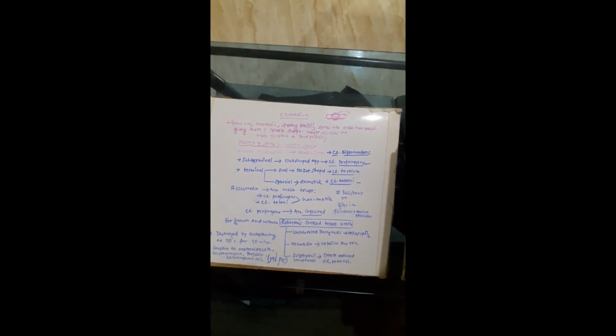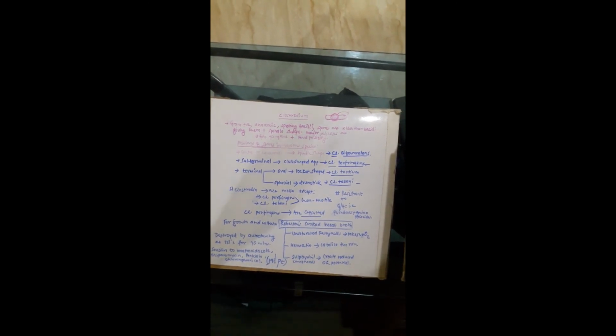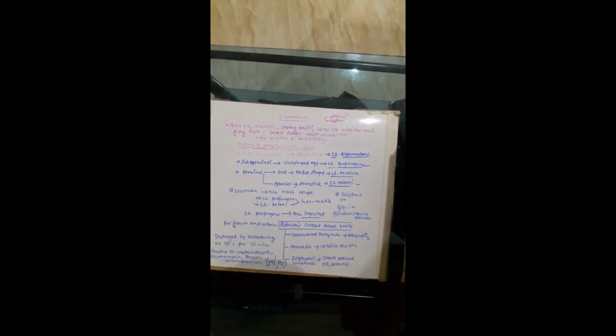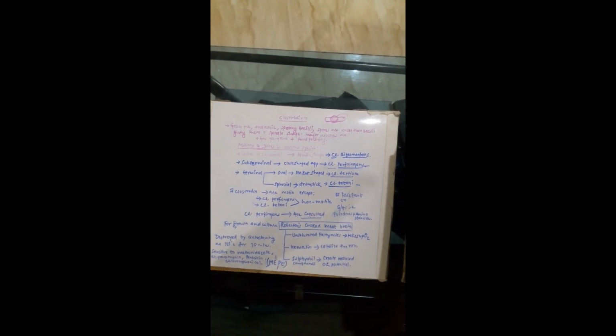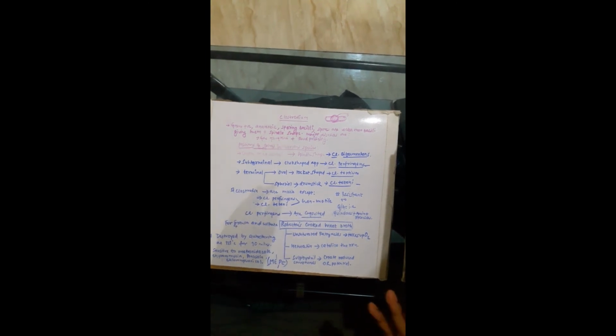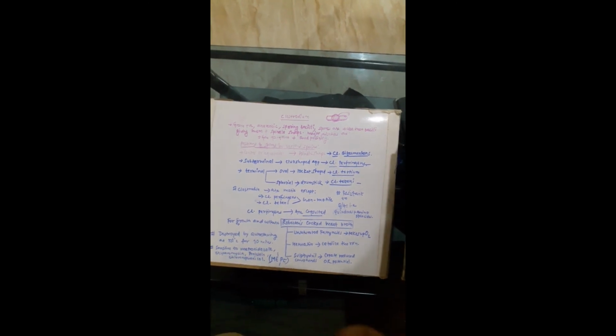The next video will be particularly on Clostridium perfringens, talking about their morphology, where they are found, cultural characters, resistance, classification, and toxins. These are all topics, and later videos will come on the topics of pathogenicity.